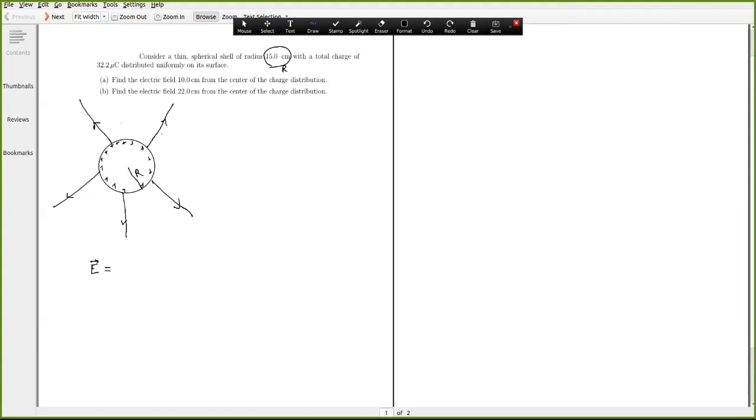So when you're outside, the electric field direction is r hat, and it is 1 over 4 pi epsilon naught times the total charge Q, which is 32.2 microcoulomb, over how far you are from the center. So that's r squared. That's not the capital R, that's the radius of the sphere. This is how far you're from the center. And that's when you're outside.